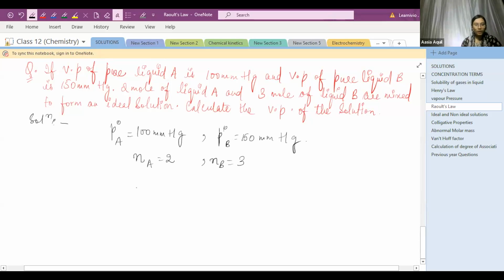So first we have to find the total vapor pressure of the solution.